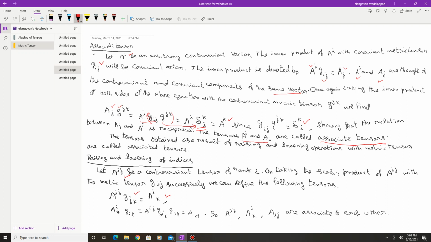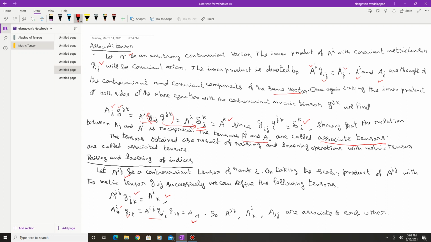And again if you multiply with g_il on the index i, one index in the contravariant rank and one in the covariant metric, this is made equal, then there is a summation over i. So you substitute for A^i_k, A^ij g_jk. Once you perform the summation over j as well as over i, the ij will disappear finally, and the tensor will be A_kl.